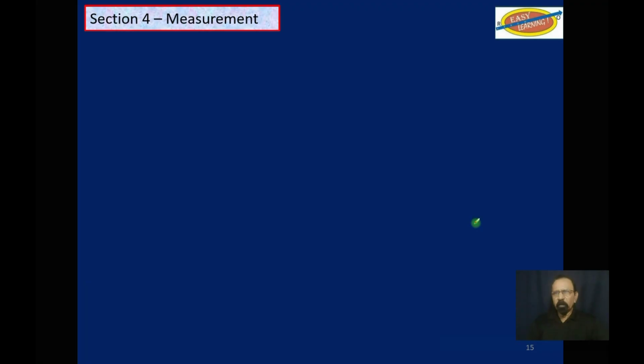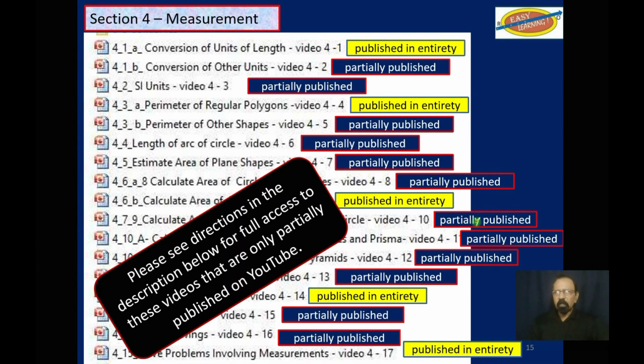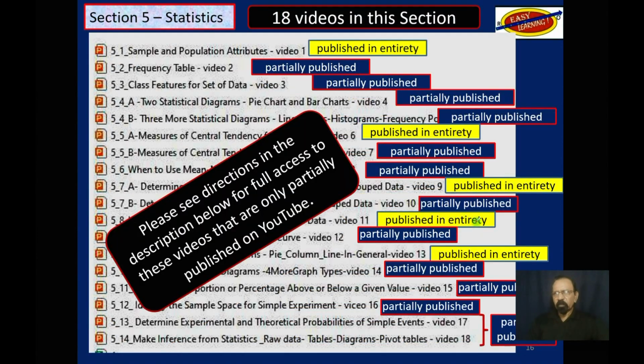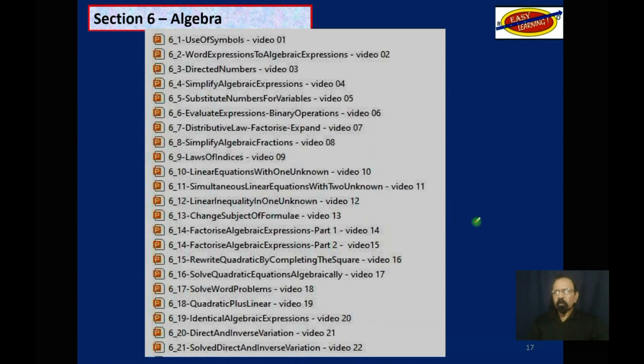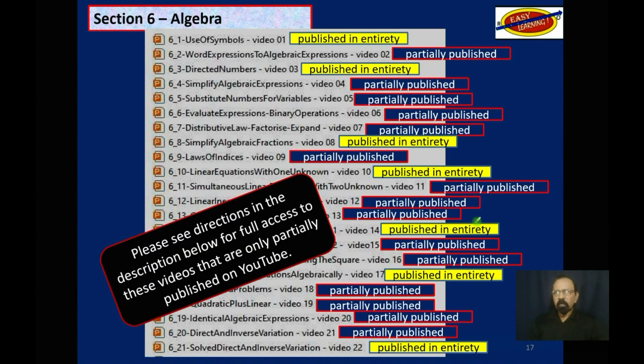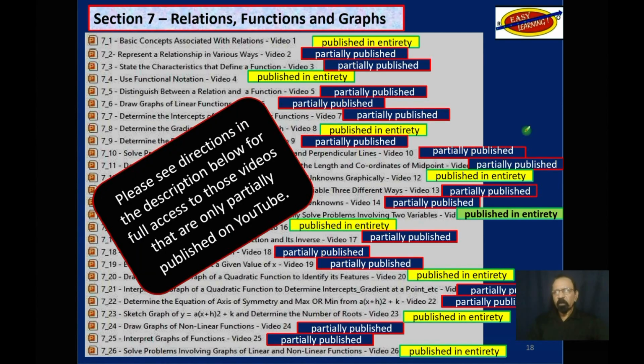Section 3, all published. Section 4, some published and others partially. Section 5, same thing. Section 6, some videos published in their entirety, others partially. Section 7, same principle, some published in their entirety, others partially.